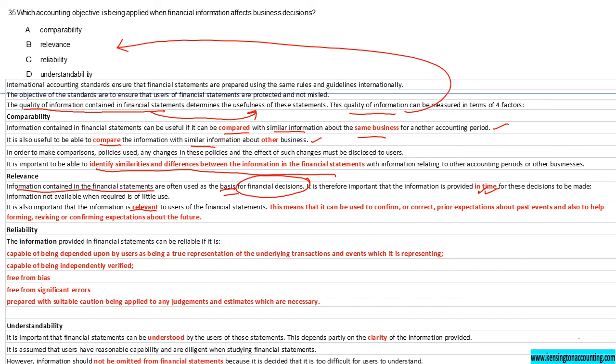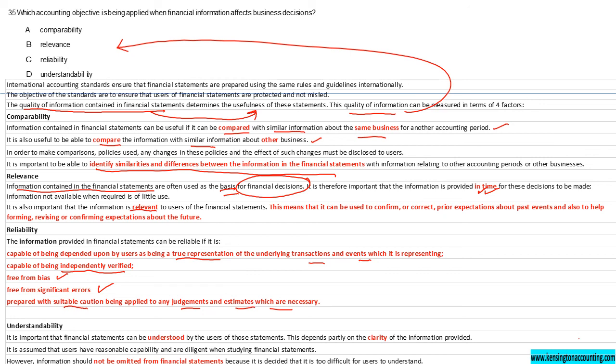Reliability means the financial statement should be reliable and should represent a true representation of the transactions and the events. They must be independently verifiable. They should be free from bias, free from significant errors, and suitable caution has been used for judgments and estimates when preparing these financial statements.